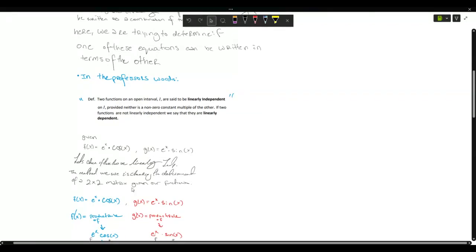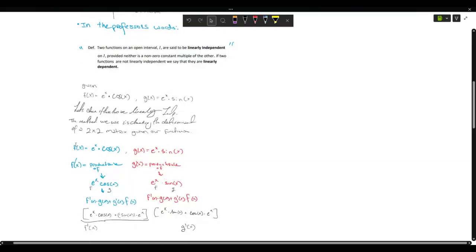So you have entries A, B, C, and D. Or in our case, we'll have f representing f of x, and then g representing g, and then the derivative of both of those functions, f prime and g prime.